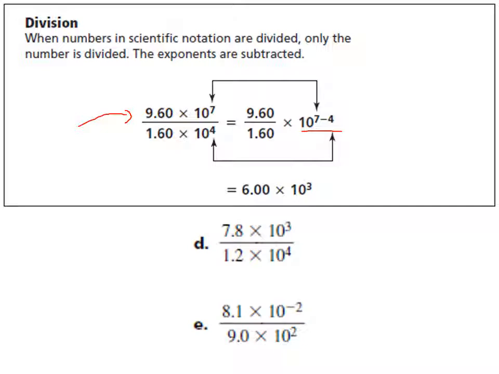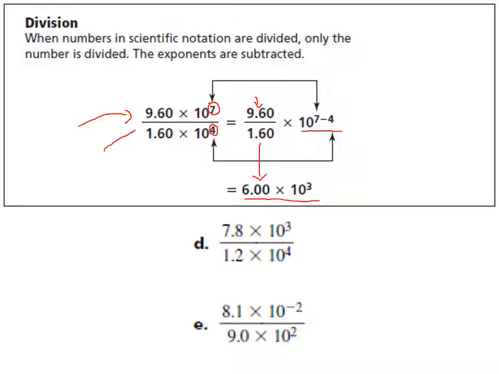And so we first do our division, 9.60 divided by 1.60, that gives us 6.00. We kept it to 3 significant figures, multiplied by 10 to the power of something. So we have 7 on top, 4 on the bottom. Since there's a division, we subtract. You do 7 minus 4. You do the top one minus the bottom one, and you get 10 to the power of 3 over here.